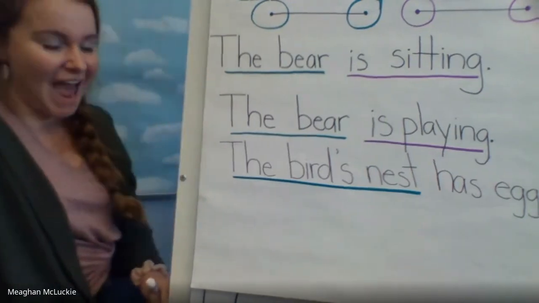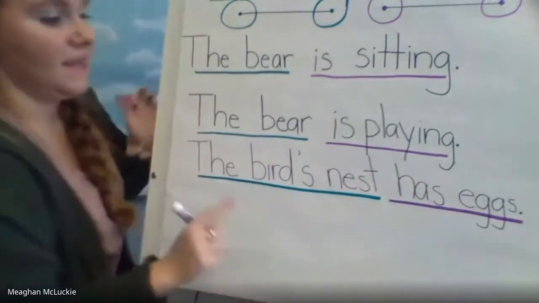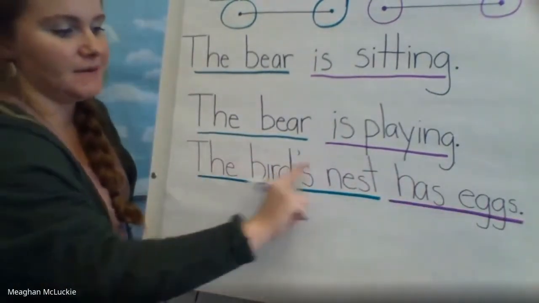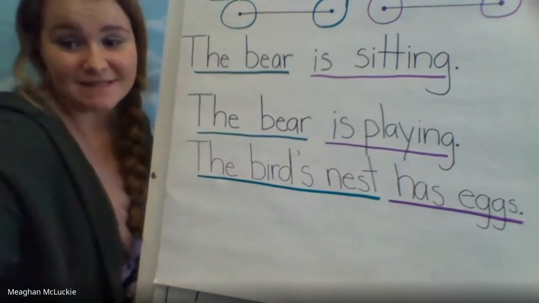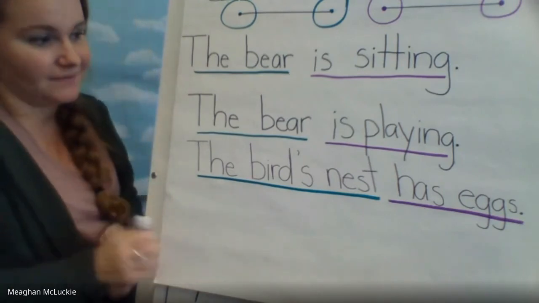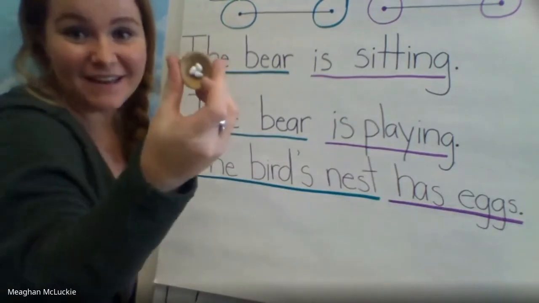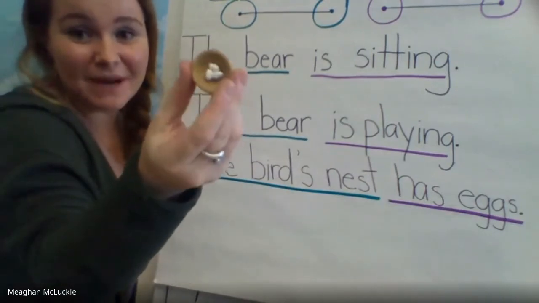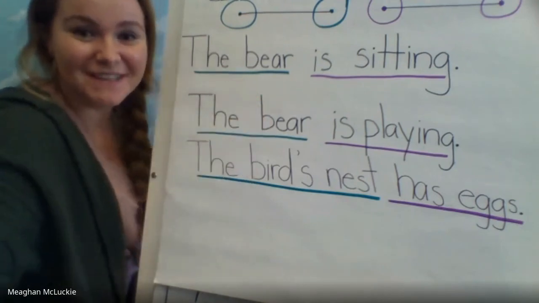You got it, has eggs. Here's my naming part, the bird's nest. That's what I'm talking about. That's my who or the what that I'm talking about, or that I'm naming. And has eggs is the telling part. It's what I'm telling about the bird's nest. It has eggs. All right.